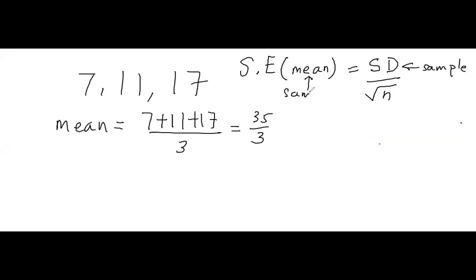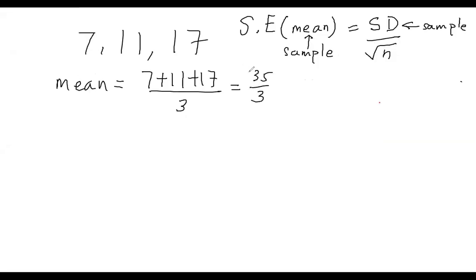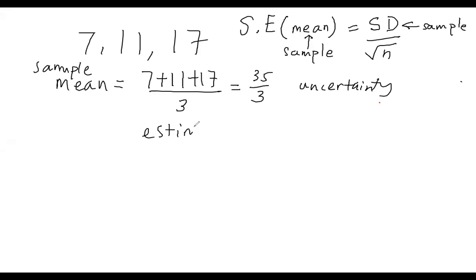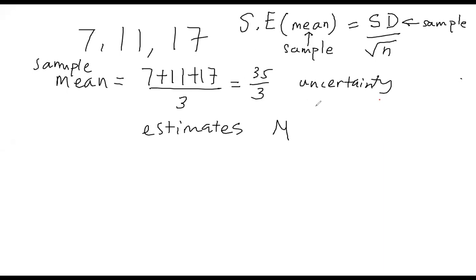When you have a sample mean, there is some uncertainty related to this estimate. Your sample mean estimates the population mean. It is an estimation, and since it is based on a sample, it has uncertainty.